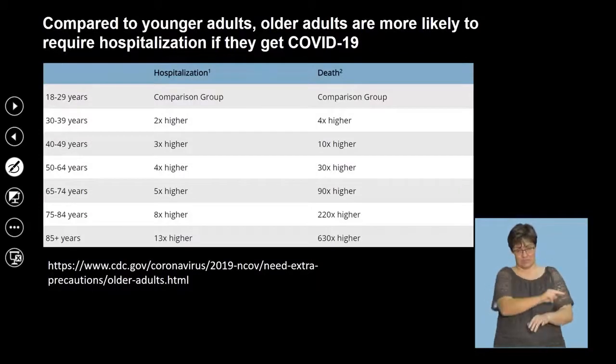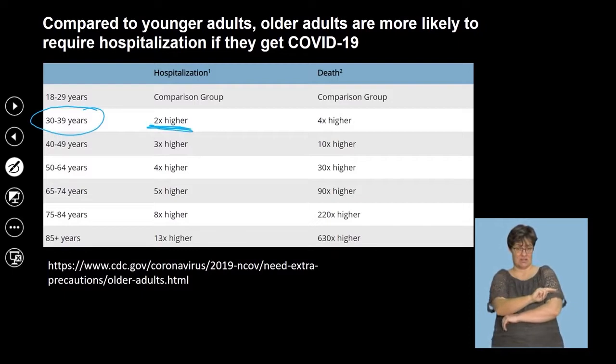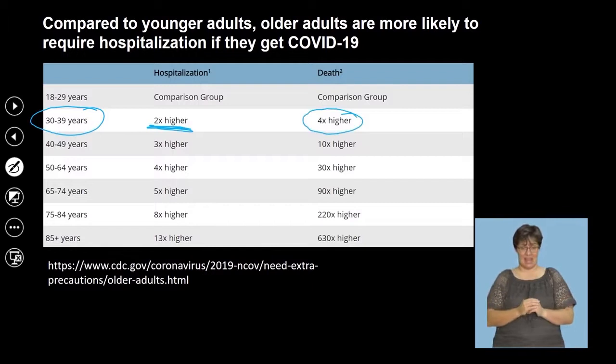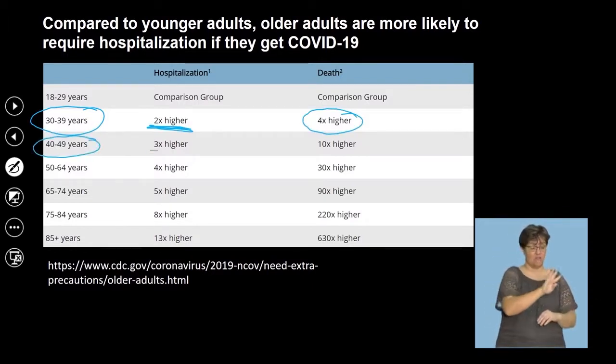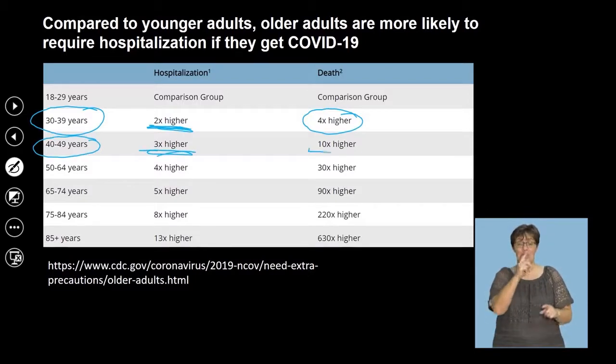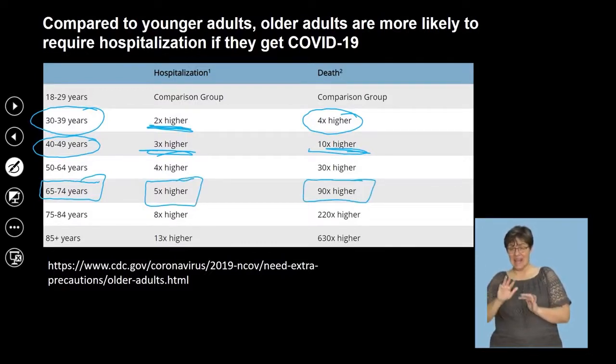So let's look at this. For example, at the age of 30 to 39, hospitalization is 2 times higher, death 4 times higher. At the age of 40 to 49, hospitalization is 3 times higher, but death 10 times higher. Between the ages of 65 to 74, hospitalization is 5 times higher and death 90 times higher, if we compare.